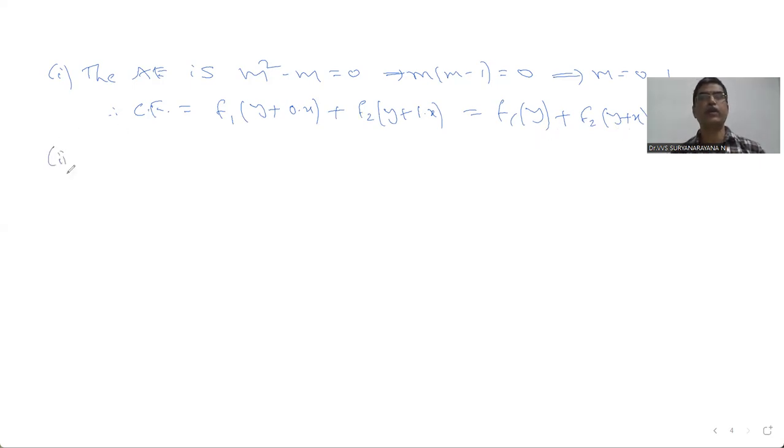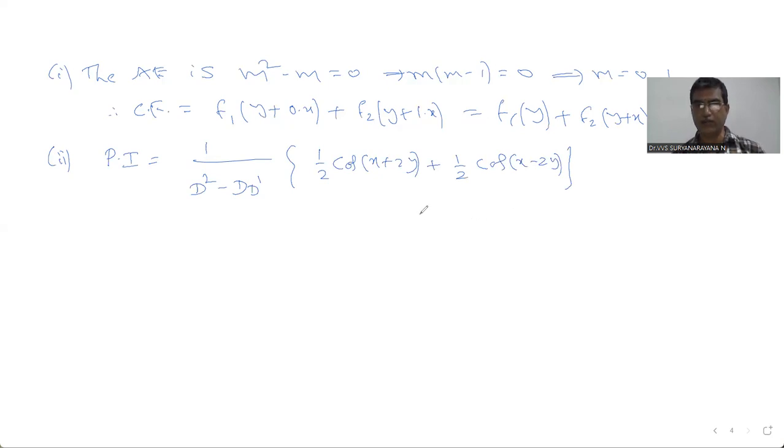Now coming to the second one, the particular integral. As you know, particular integral means 1/(D² − DD') operating on the right hand side function. The right hand side function is already expressed as half of cos(x+2y) plus half of cos(x−2y), which we simplified using trigonometric relations. Since there are two terms, it is better to apply 1/f(D, D') on both of them separately.